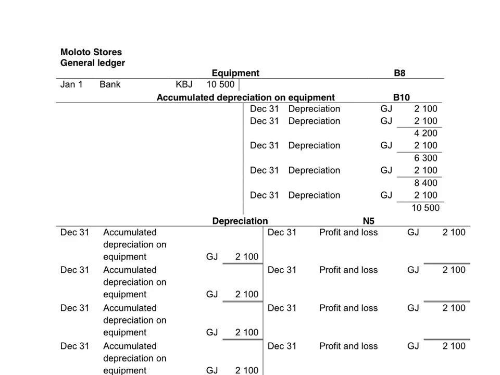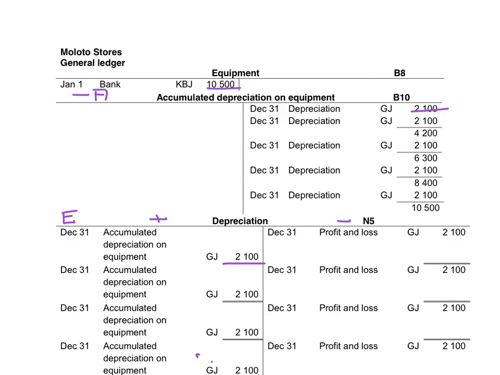If we look at the ledger account, on the 1st of January, we bought equipment for 10,500. The first year we wrote off 2,100, so we debited depreciation, that is the expense. Expenses increase on the debit side and decrease on the credit side. I debit depreciation to show that I've got an expense, and I credit accumulated depreciation. Equipment is my positive asset, and accumulated depreciation is my negative asset.